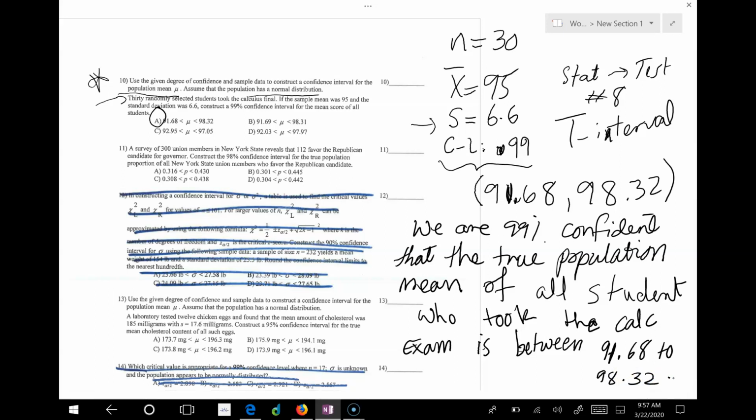So the mean score for the population of all students who took the calculus exam is between 91.68 to 98.32.